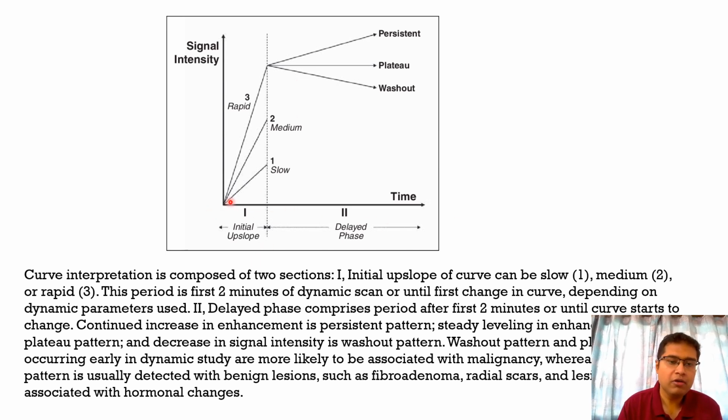So the initial phase can be characterized as slow, medium, or rapid, and the delayed phase can again be characterized as persistently enhancing, plateau, and washout. The plateau and the washout are the ones that are concerning, because they are usually associated with malignancy, while the persistent pattern is usually benign.